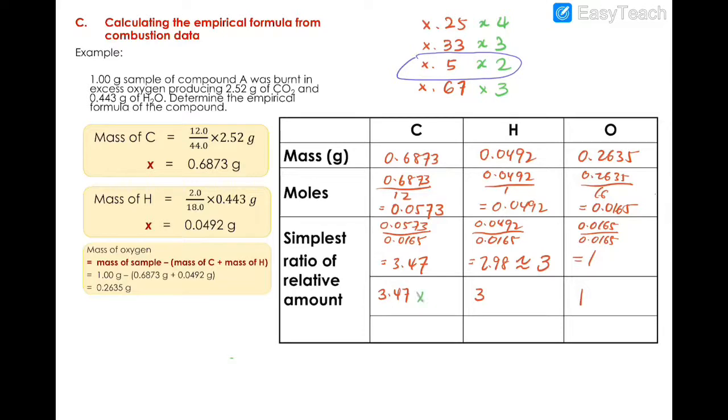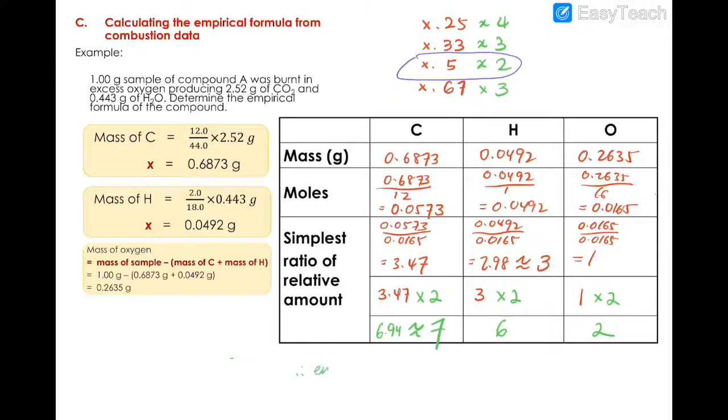Okay, so darab 2. So yang lain pun nak kena darab dengan 2 juga. Jadi 3.47 darab 2, you get 6.94, tapi yang ni kita boleh cakap ini adalah sebagai 7. Okay, sebab dia plus minus 0.1 kepada the next whole number. So kita boleh round off dia jadi 7. Meanwhile 3 darab 2 pula dapat 6. 1 darab 2 pula dapat 2.